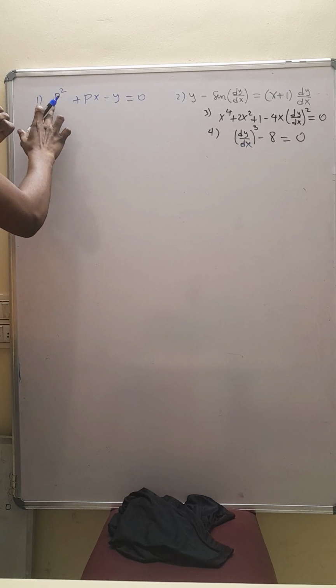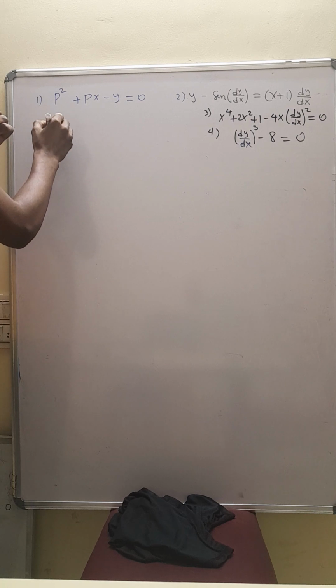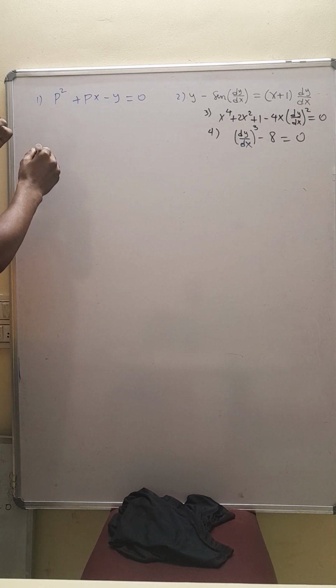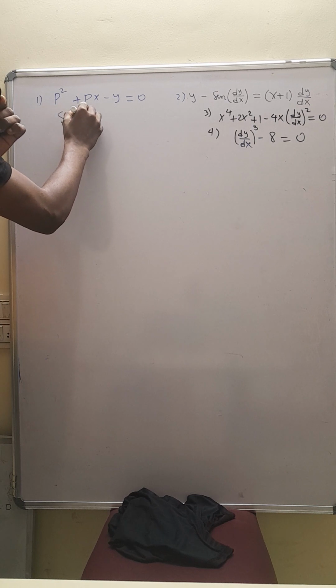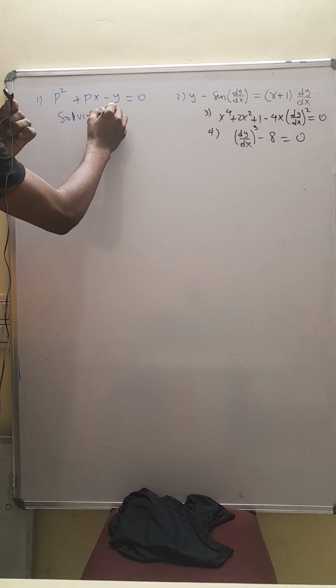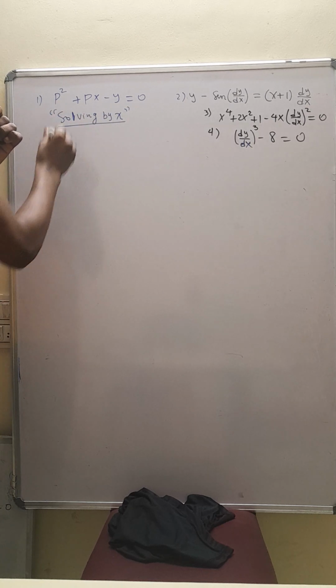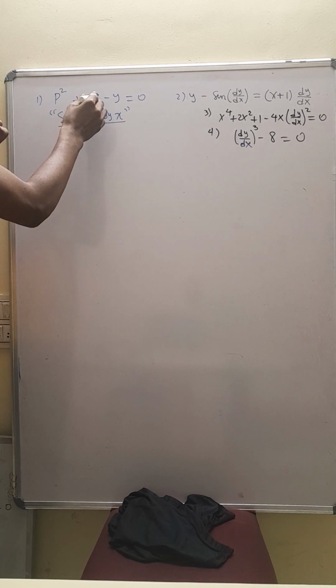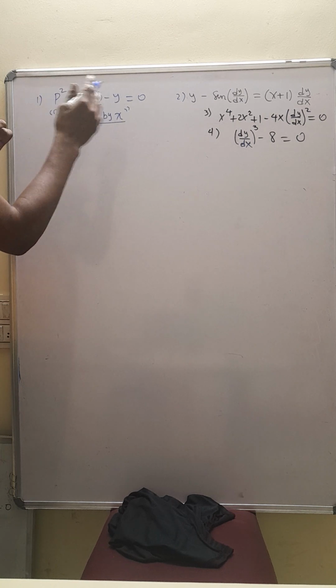p squared plus px minus y, that's the equation. Now to solve by x, I have to make x the subject. Then everything will be a function of x.